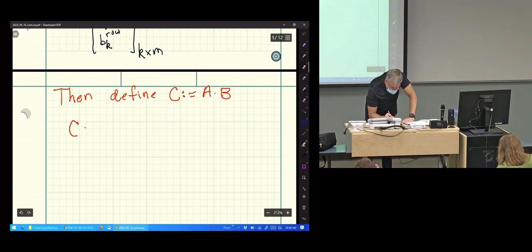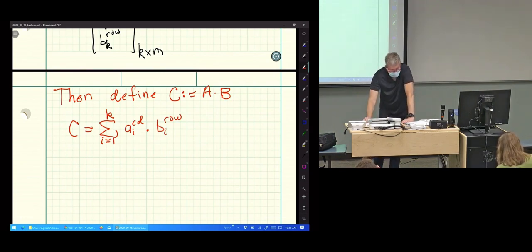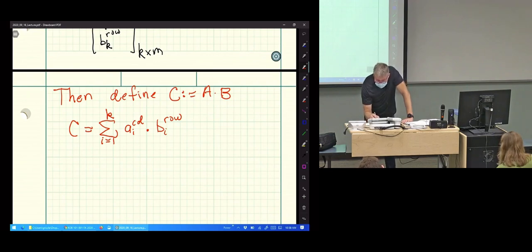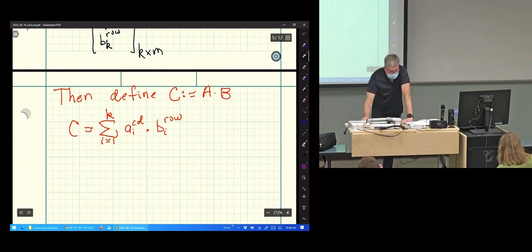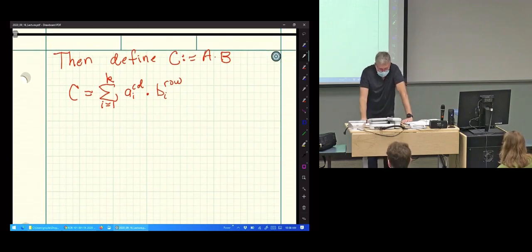And the cool thing is C is equal to the sum i equals 1 to k of the ith column of A times the ith row of B. Does it have the right size? Let's just check. Write that down.